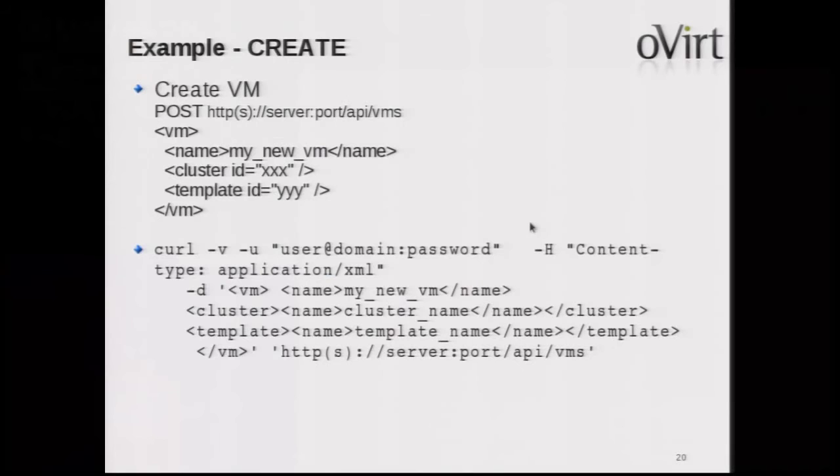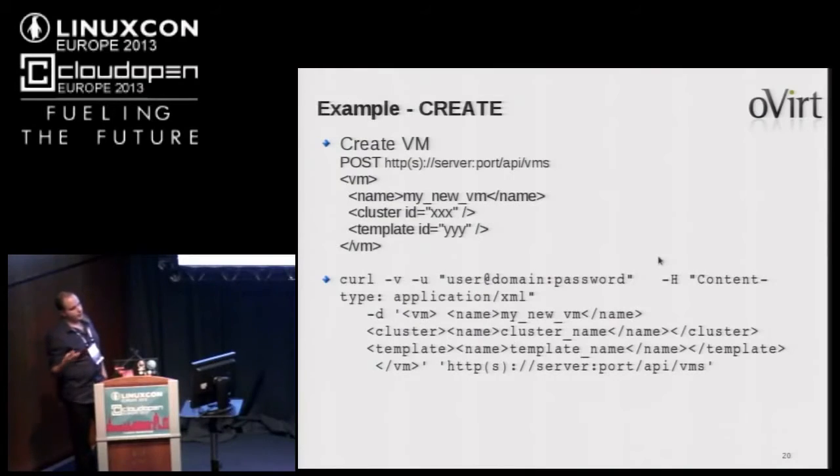If you want to create a VM, you need to do HTTP POST, and the minimum parameters that you need to supply in here are the name of the VM, the cluster that the VM will reside on, and the template the VM is created from. So you would also use curl with the -d option and give the body of the VM you want to use.